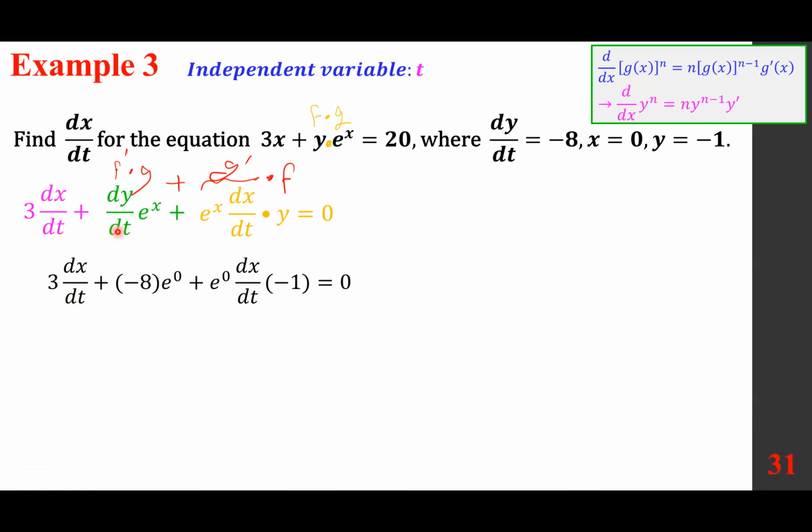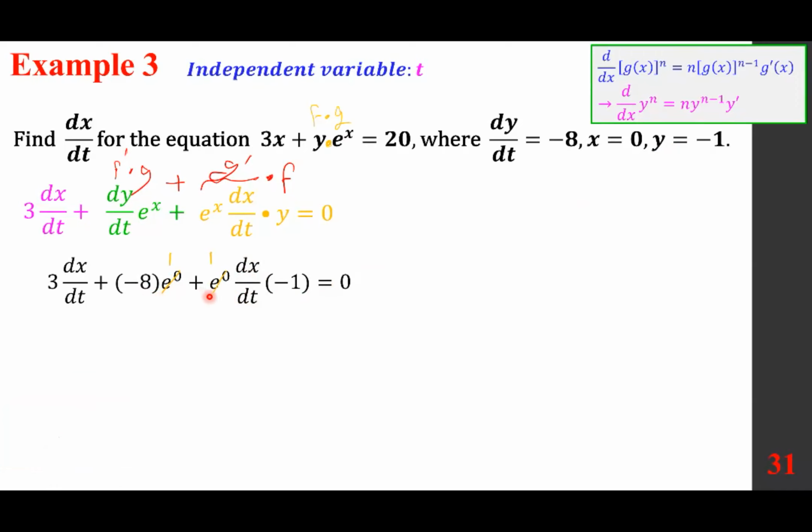Let me just show you. This one is missing. Dy dt is negative 8. E to the power of x is 1. Same thing here. Dx dt is missing. Y is negative 1. And I hope you realize, so this is 3 dx dt. This is 1, right? This is 1. So this whole thing is negative 8. This is 1. So this is simply negative 8.